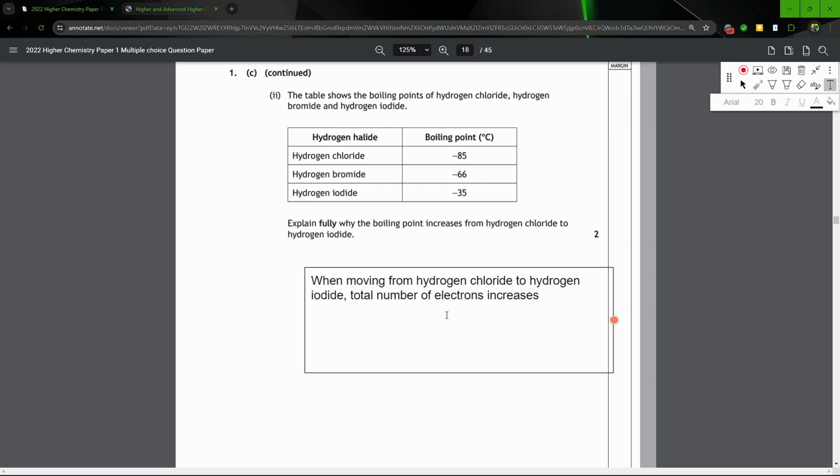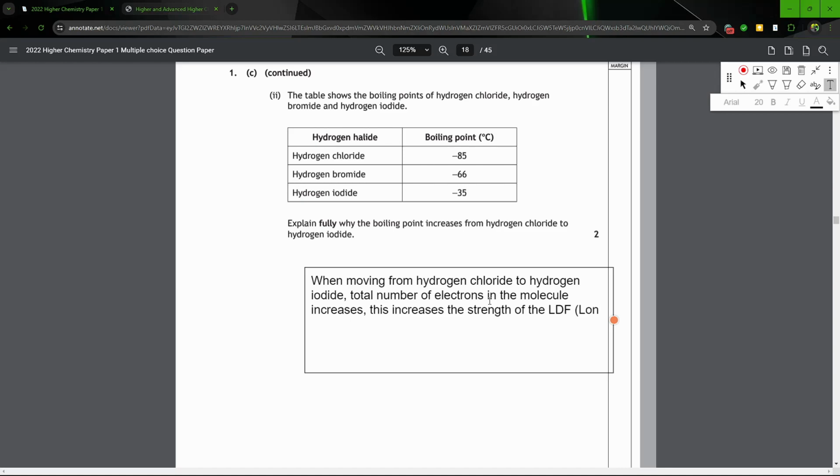The total number of electrons in the molecule, say, actually, increases, and then this increases the strength of the LDF, London dispersion forces.